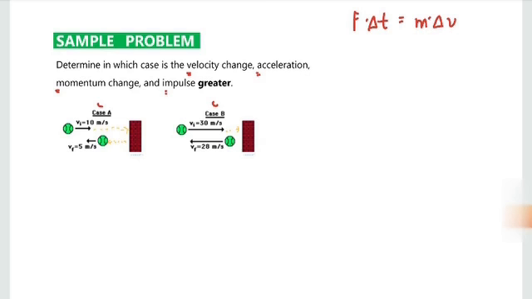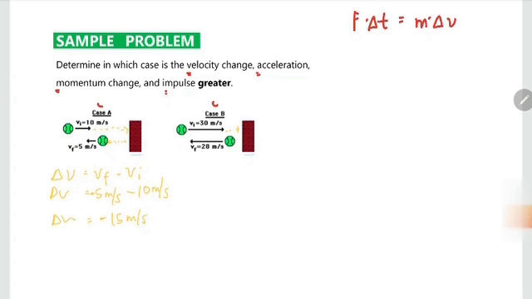We can now compute the velocity change, because I have a final and an initial velocity. So, change in velocity is equal to final minus initial. Case A first: 5 meters per second minus 10 meters per second. We will get a negative, right? Remember, velocity is a vector, so direction matters. It is negative because it is going to the left. So, negative 15 meters per second.